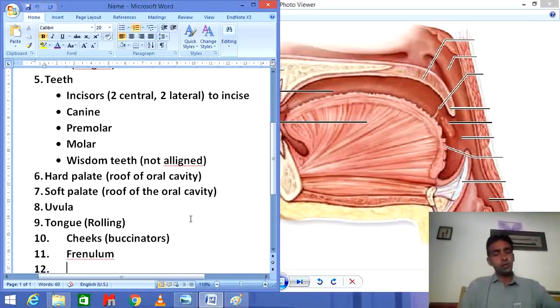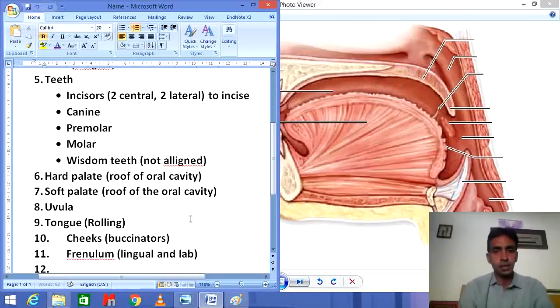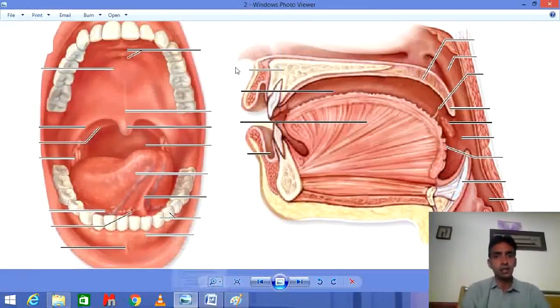Frenulum are of two types: lingual frenulum and labial frenulum. Labial frenulum represents the frenulum of the lips, and the lingual frenulum represents the frenulum of the tongue.